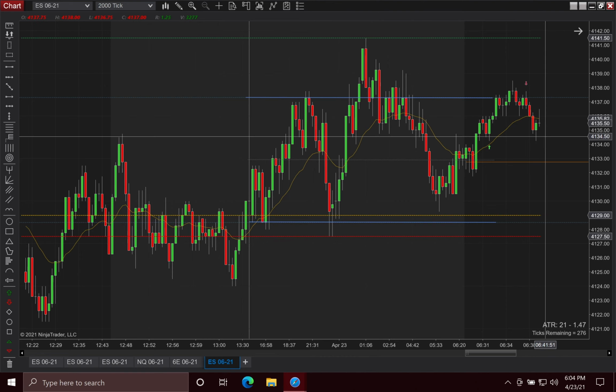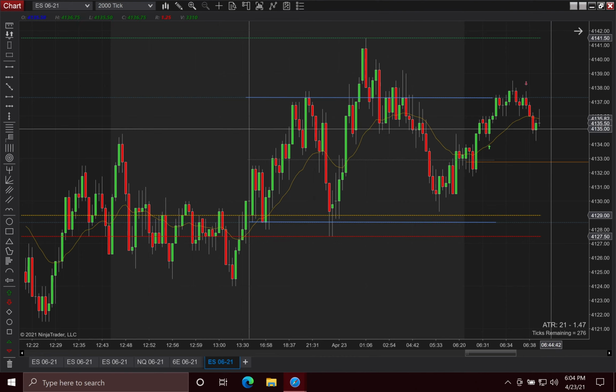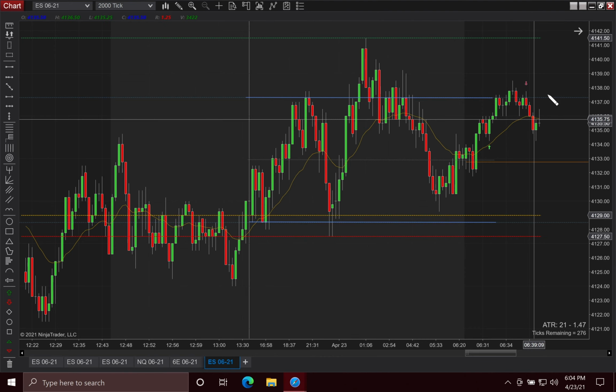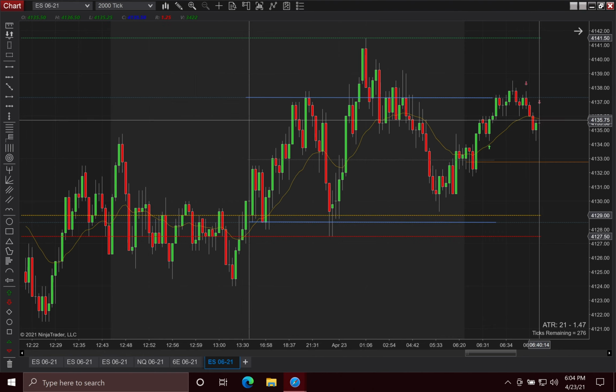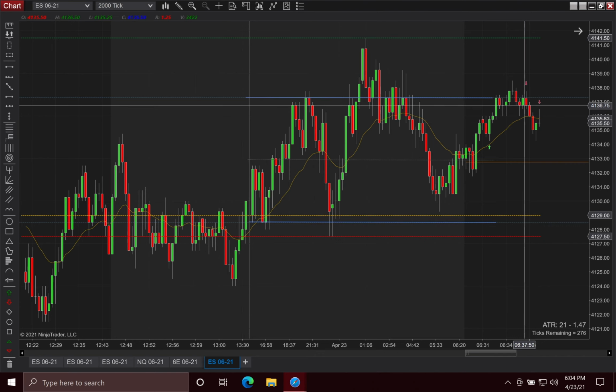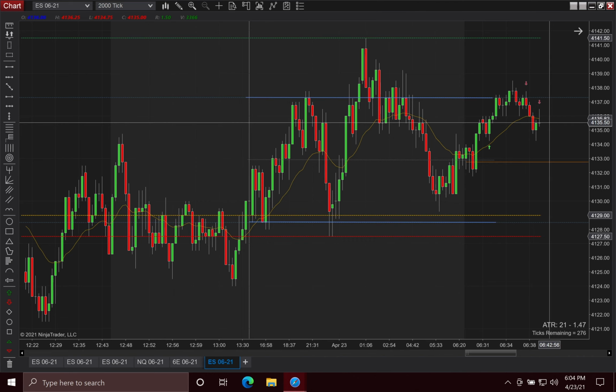Right here is the failed second entry short pattern. I would go short again there, honestly. Under the EMA, pretty bearish signal bar. It's a decent trade.